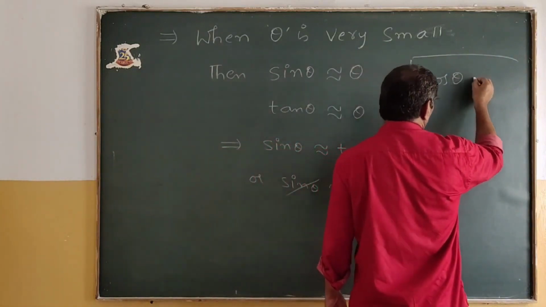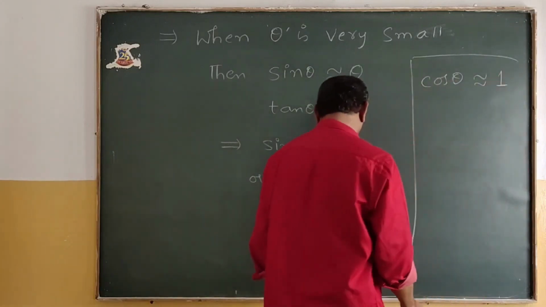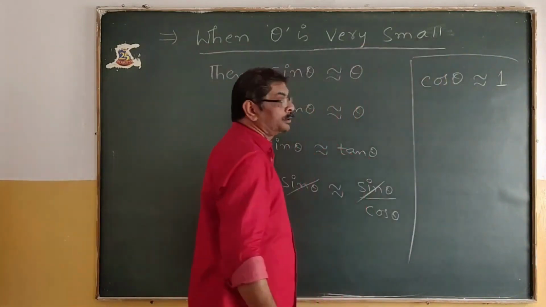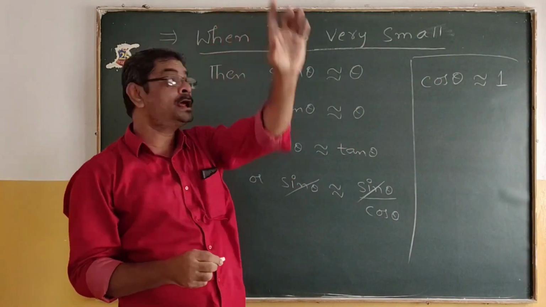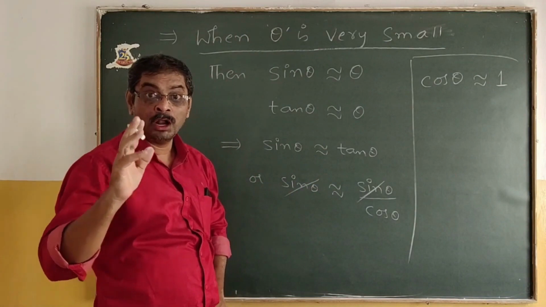So sine theta will get cancelled. Now you cross multiply. So cos theta will be approximately equal to 1.